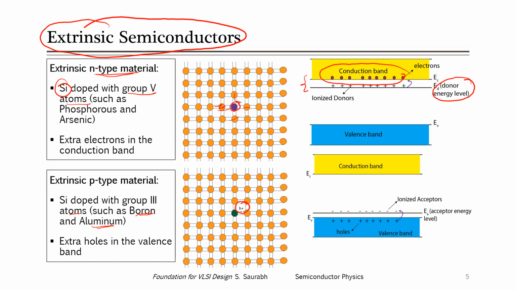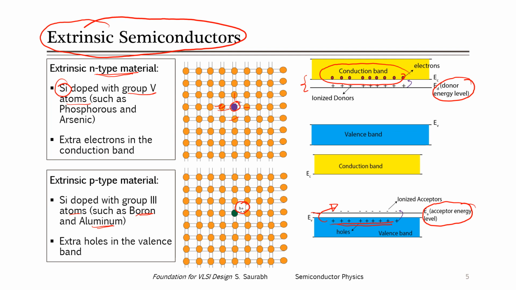So in this case, when we dope the semiconductor with acceptor impurities, an acceptor energy level is created very close to the valence band, and as such the electrons can jump very easily from the valence band to this acceptor energy level, and a vacancy will be created in the valence band, which can be considered as holes, right?